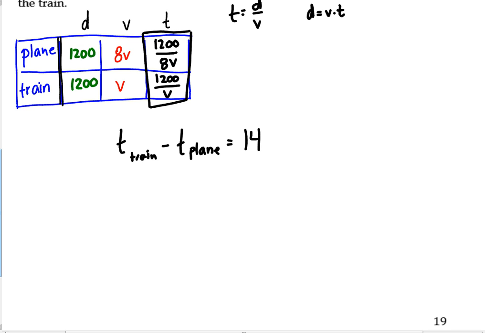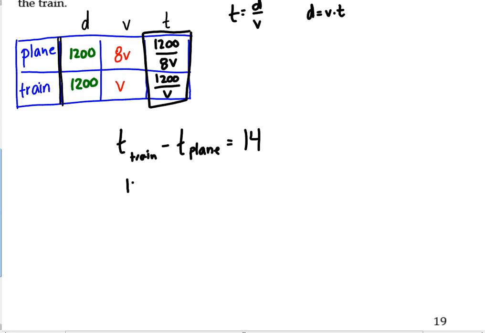Would you agree with that? You could have also done the train equals the plane plus 14. There's more than one way to set that up. Or you could have done train minus 14 equals the time of the plane. So this is just one way to do it. I'm going to use their difference equals 14.